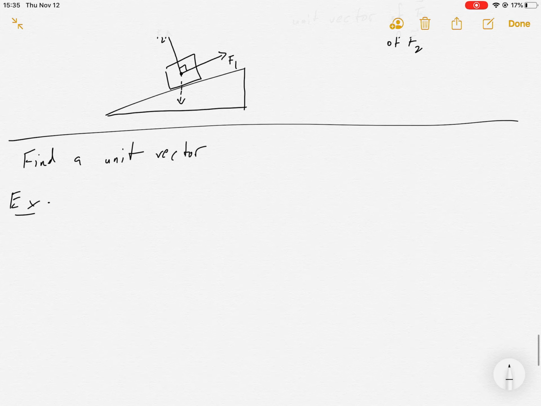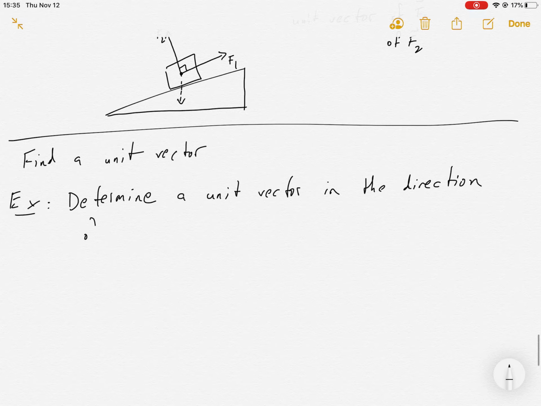All right. So we're going to determine a unit vector in the direction of, let's go back to my first example, which was 1, 3.